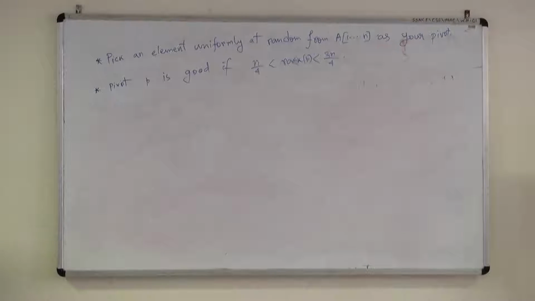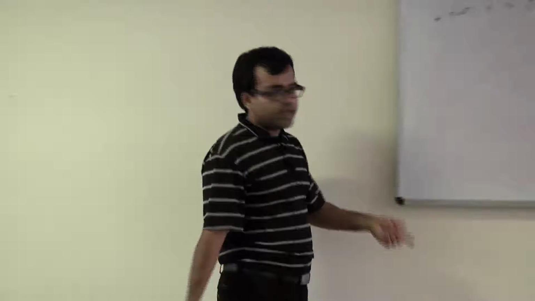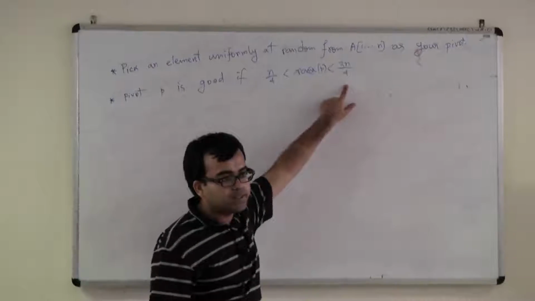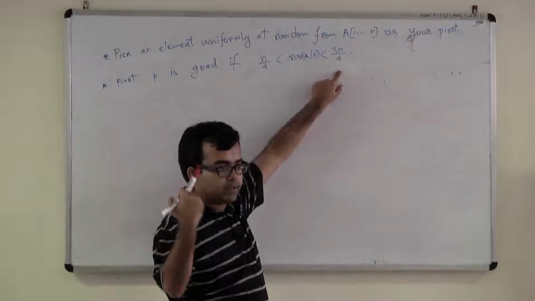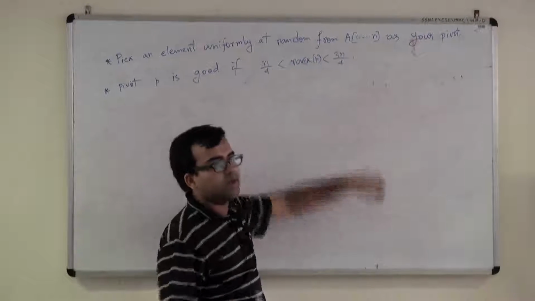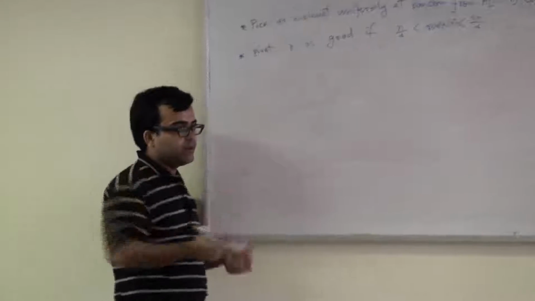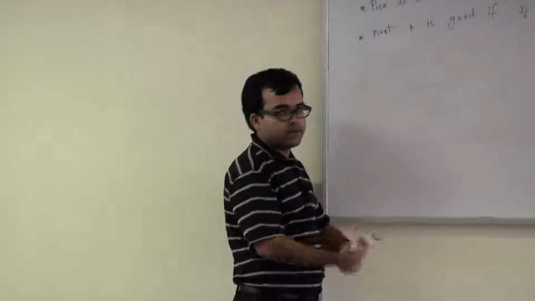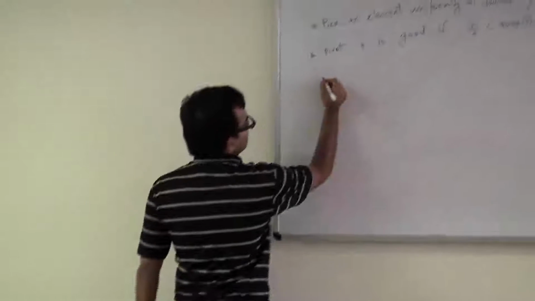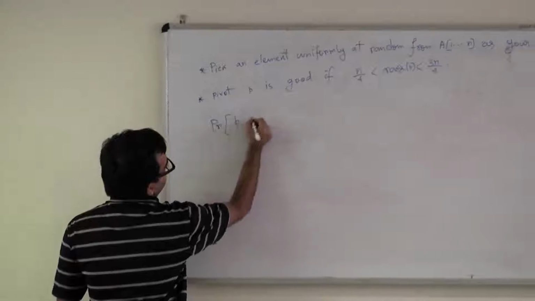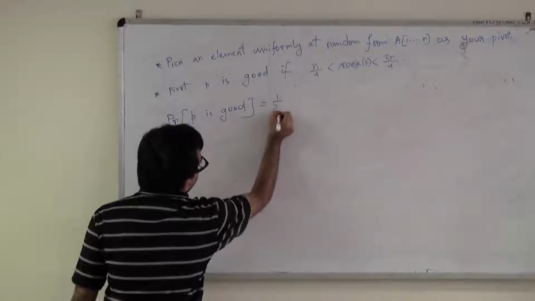And how many elements are candidates for good pivots? The elements whose ranks are between n over 4 and 3n over 4 are the candidates, and there are n over 2 such elements. Overall there are n elements. You are picking one uniformly at random. What is the probability that it is good? Half. So the probability that P is good is half.